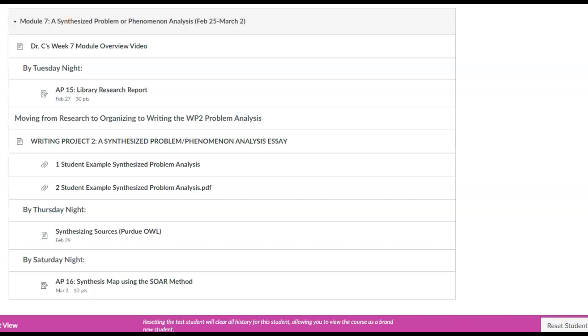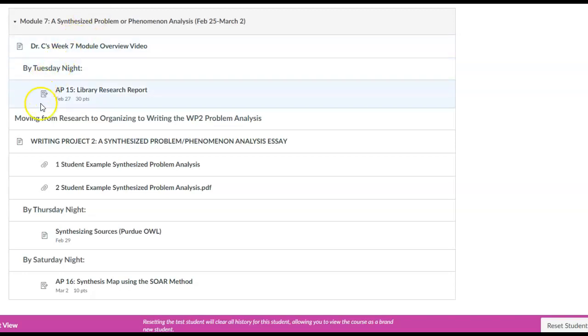So this is a really important week because we are transitioning from the research portion of our problem analysis to the organization and the pre-writing activities that will help us write this problem analysis essay. And so I'm here looking at the module as a whole so you can see that bird's eye view.